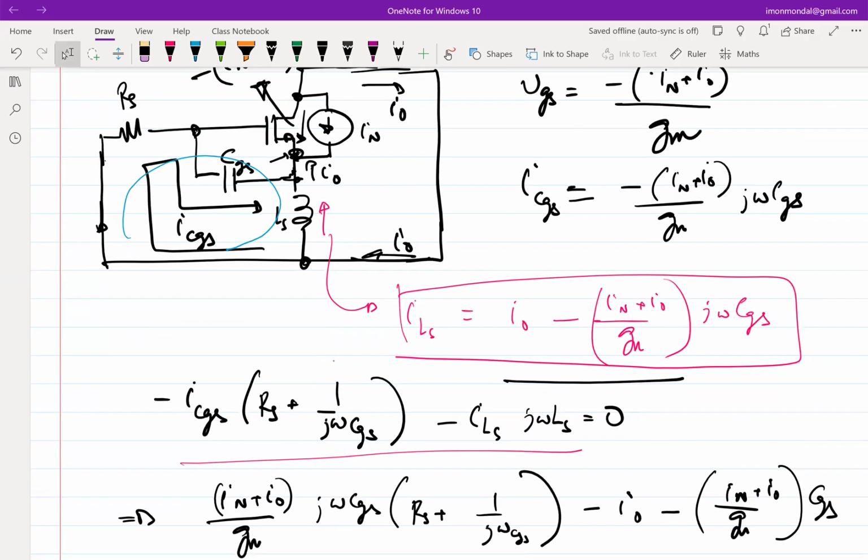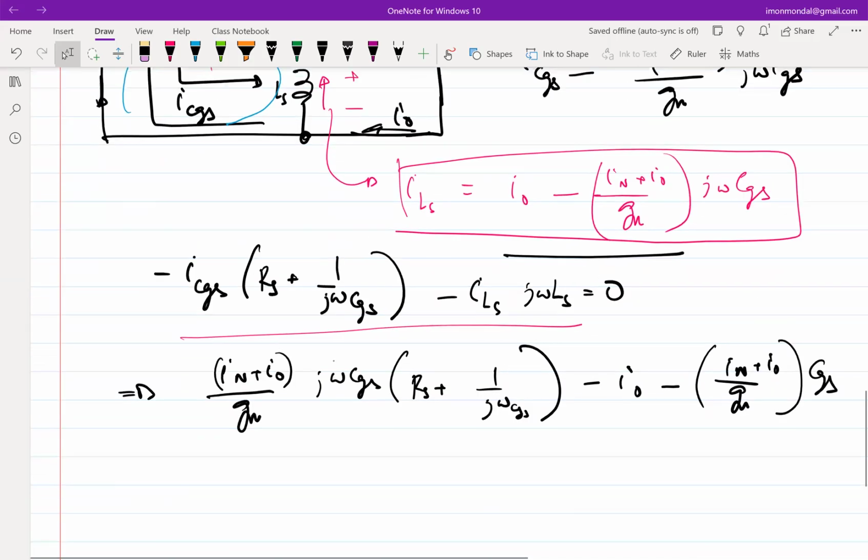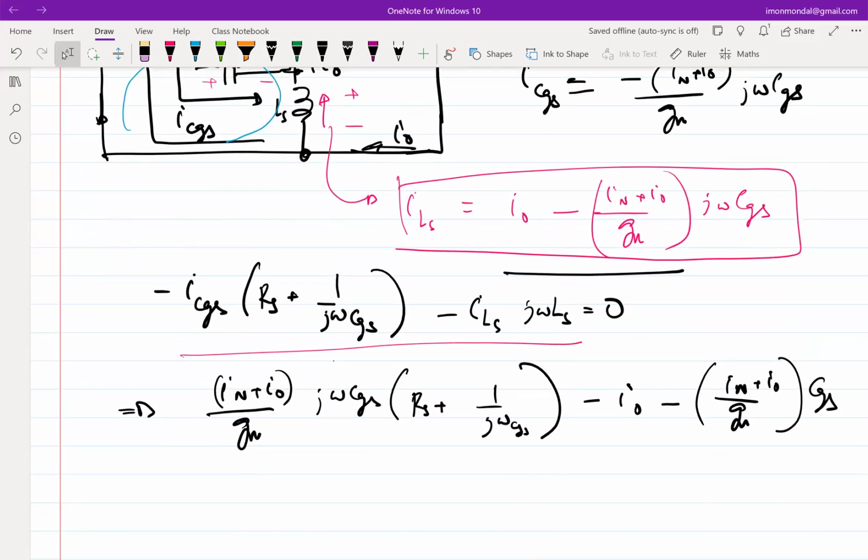So I am going by, so drop across this, plus drop across this, plus drop across this in this direction, right? So basically, I mean, current down through LS is negative ILS times J omega LS. So that is also fine. So all I have to do is plug in these values. So this becomes plus here. This becomes plus.